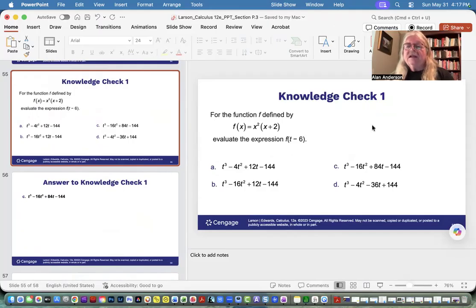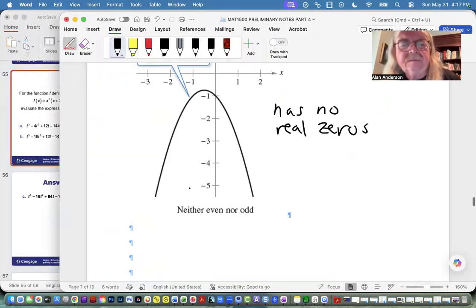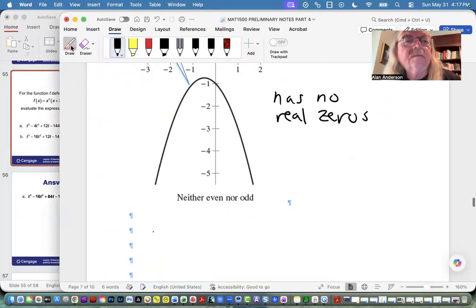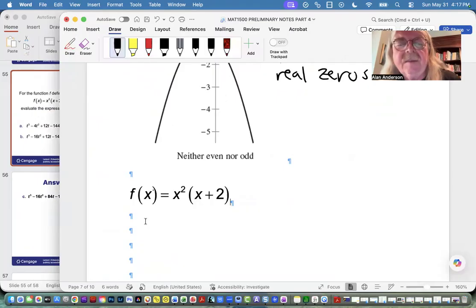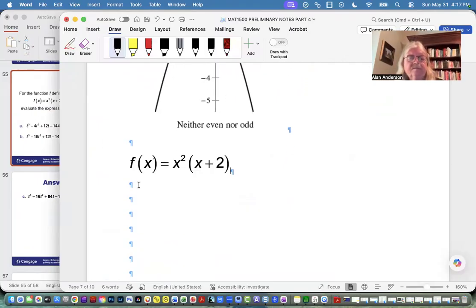So, they have these little practice problems at the end of the chapters. You can work on these if you need some practice. Like, for example, with this one, they're asking us to solve it for t minus 6.